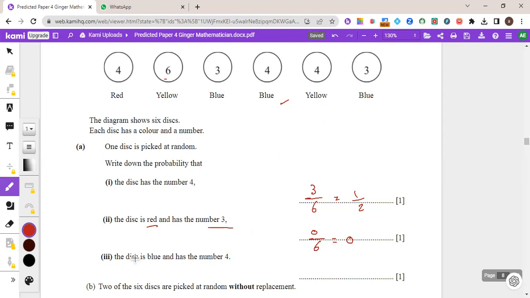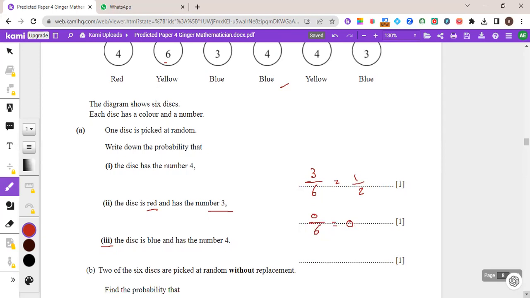Okay, I get it, I thought it was red or number 3. Next: the disc is blue and has the number 4. Yes, blue and number 4. Only once, so 1 over 6. Okay, question B.